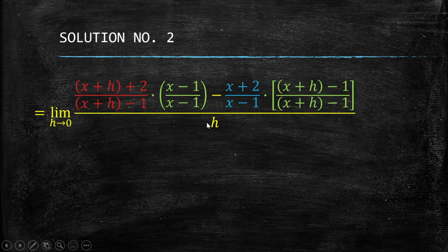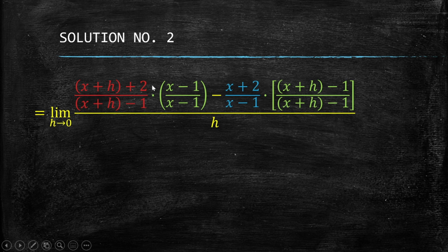There is actually a neat technique here. We simply multiply a factor which is missing in the denominator of the other term. So for example, we have x plus h minus 1 here, but we don't have x minus 1, which is found in the second term.